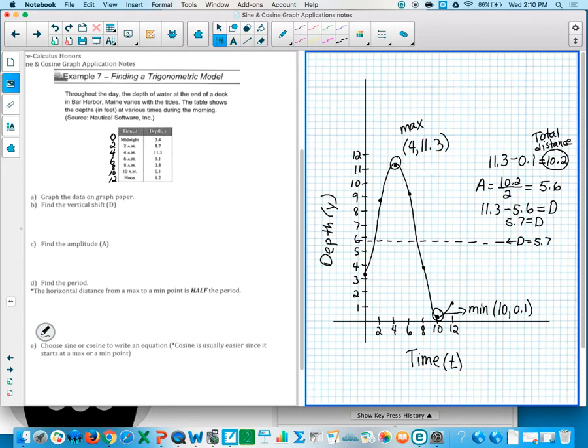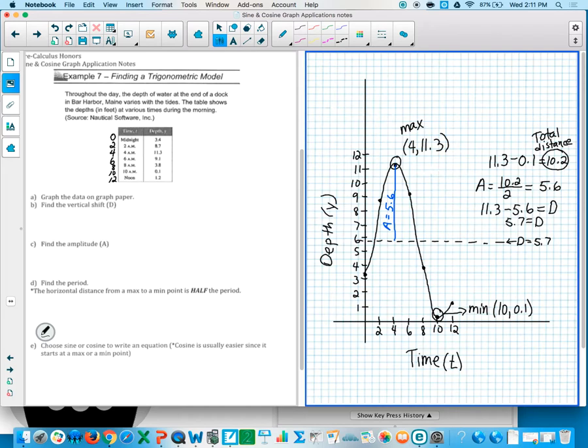Now I did a lot of work here on the graph paper, which I'm going to transfer over onto the other sheet. So the order that I have it on the sheet's a little different, and there's other ways that you can do this, but I think finding the amplitude first is the exact same way we did the writing equation before.